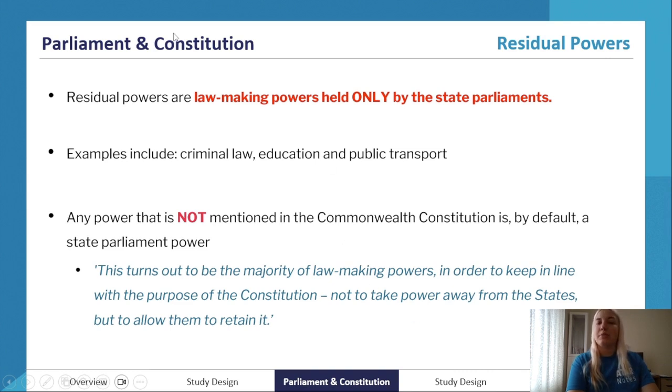So, what are some examples of residual powers? So, things like public transport. The public transport system, such as the train system, is different in every single state. Criminal law as well. There are different laws in each state with regards to crimes and the criminal justice system and penalties and sanctions, different fine amounts for different offenses, as well as different sanctions for each serious offense.